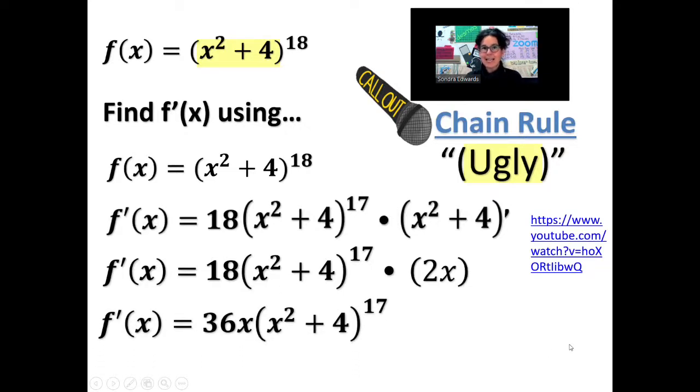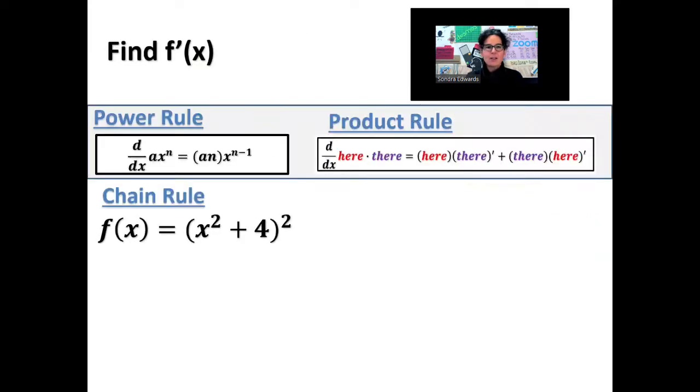There's my simplified answer. All right, let's go ahead and go back to the one that we already used, the power rule and the product rule. We could use the chain rule as long as we call out the ugly. That would be that x squared plus 4.